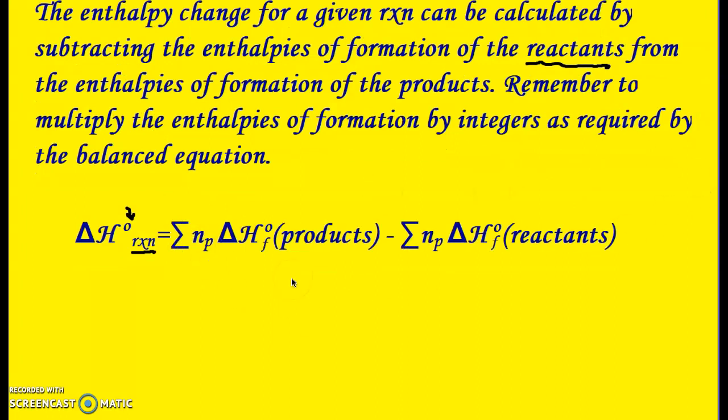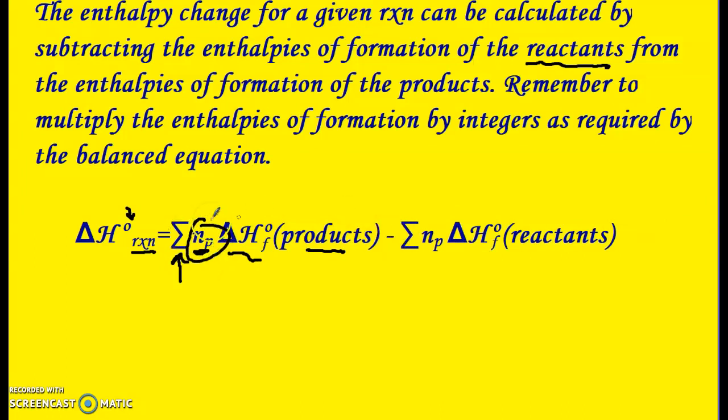If we look at this equation, it looks really big and complex and scary, but it's pretty cool. Just like in math, this is the sum of. So we're going to add up all of the enthalpies of formation for all the products, after we multiply by the number of moles in the reaction.